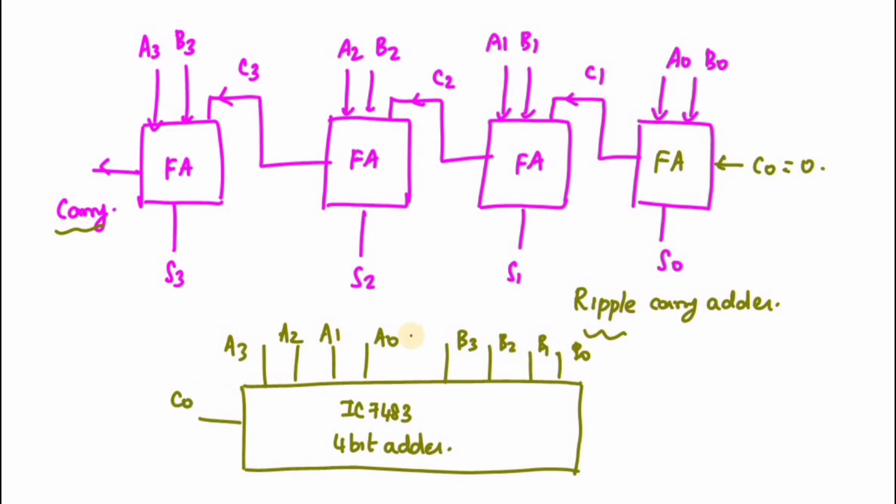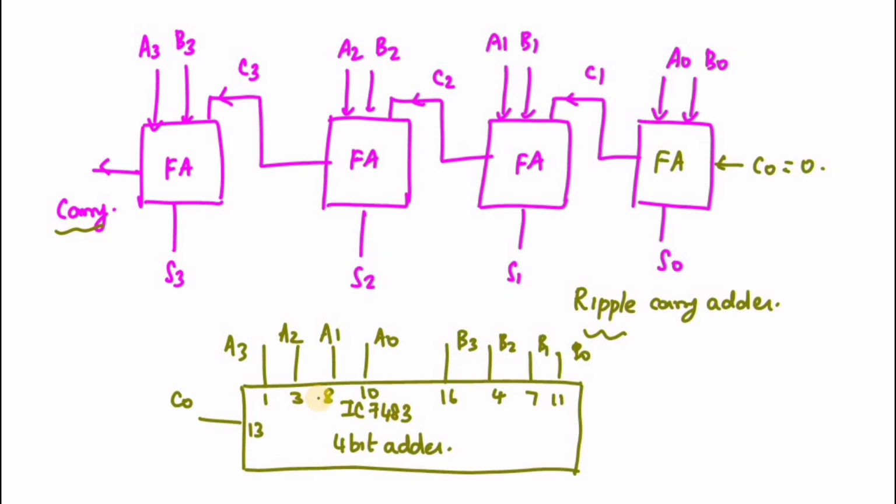These are my inputs. That pin is 1. This is 8, and these are the pin numbers. This is 10, and 2 is 3, and B3 is 16, and this is 7, and B2 is 4. C0 is pin 13.